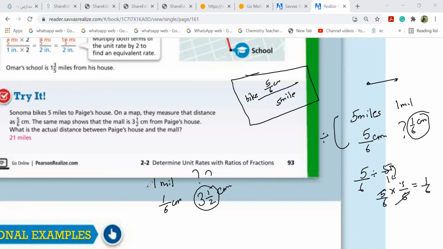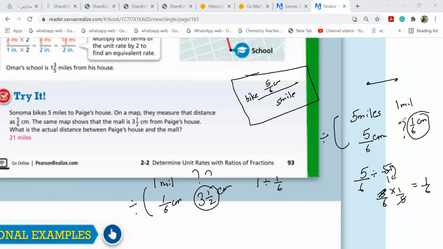How do you do this? First, you divide these two, right? You divide 1 divided by 1/6. Yes, 5 multiply 1. Give me a minute. This 5 and 5 cancel. It's 1/6. Okay.